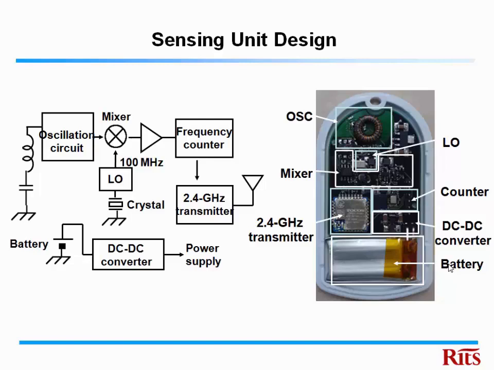On the right-hand side, you can see the oscillator, the actual through inductor for the base inductance, local oscillator, mixer, and a frequency counter, a DC-DC converter for the power supply, and a 2.4 gigahertz radio. A rechargeable battery is also implemented. So this system is made in this size, very small, very handy, and very cheap, I believe.